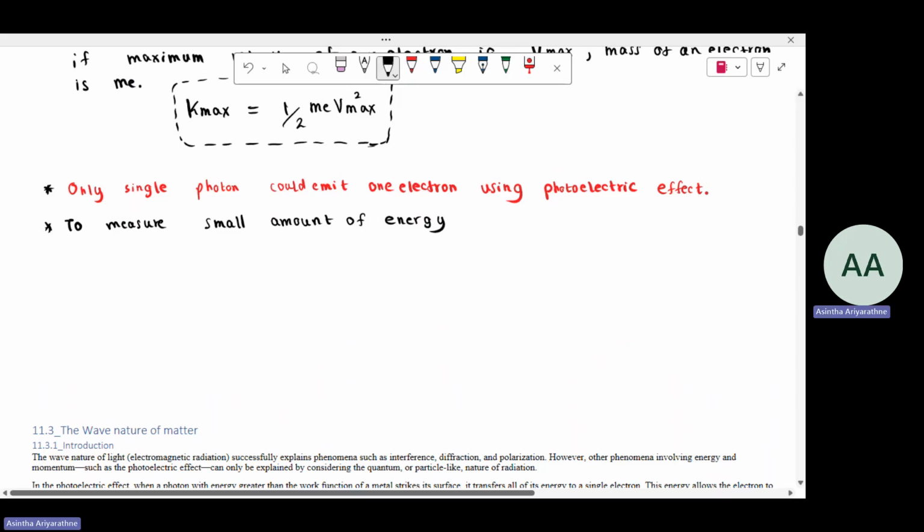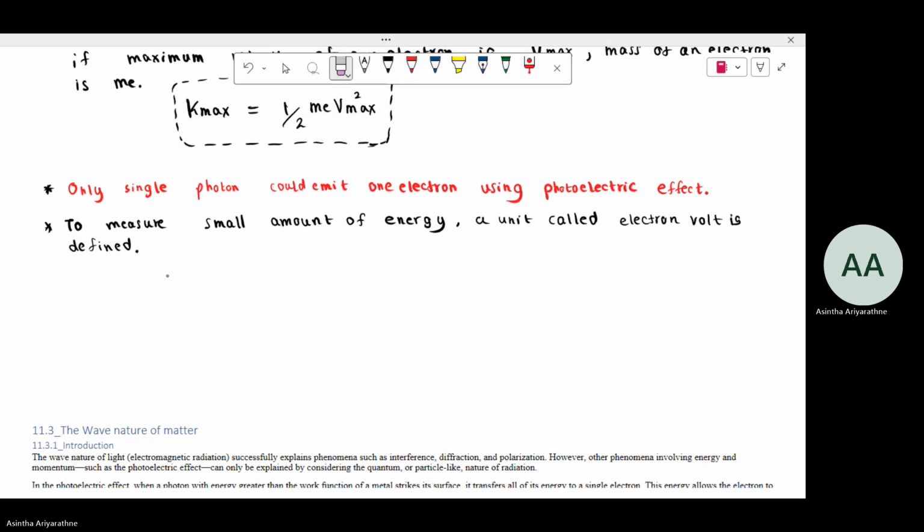To measure a small amount of energy, a unit called the electron volt is defined.